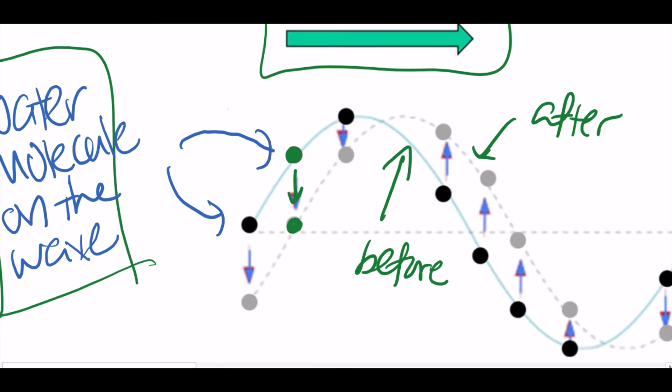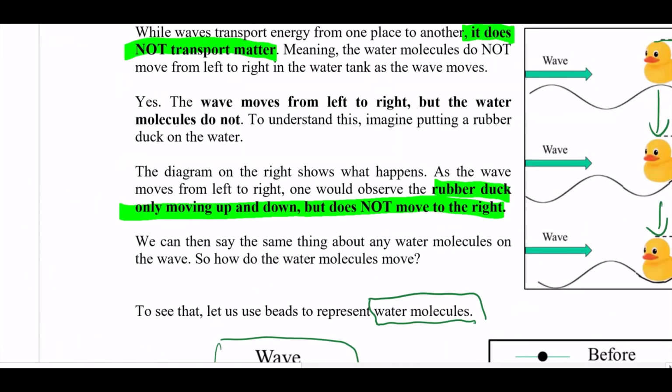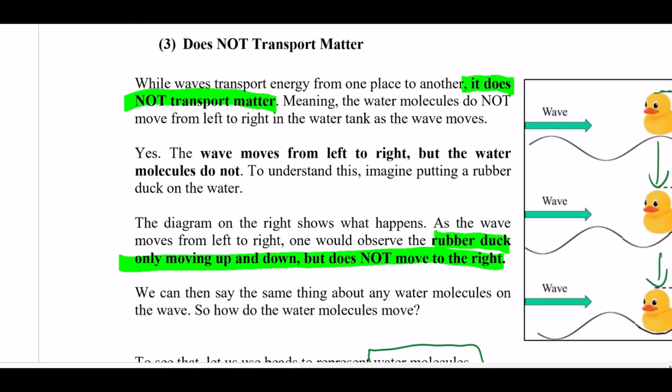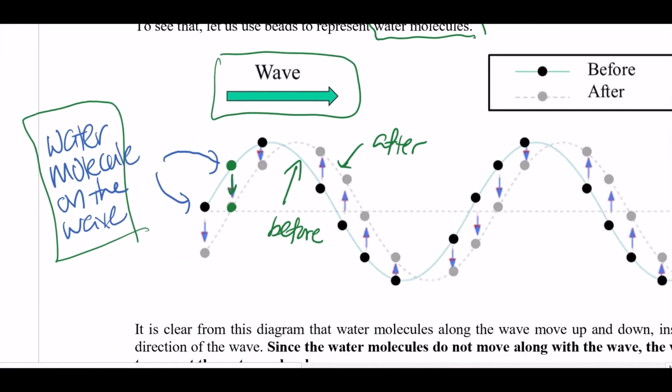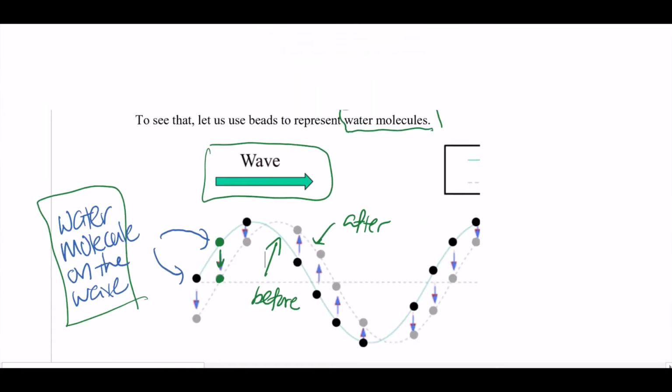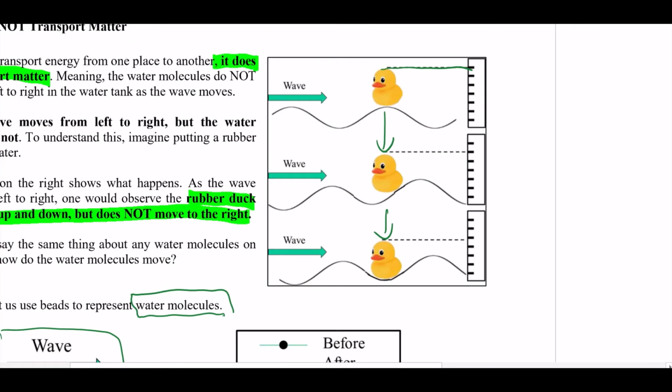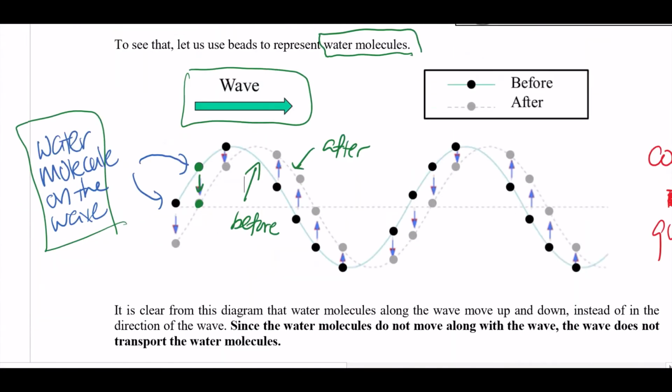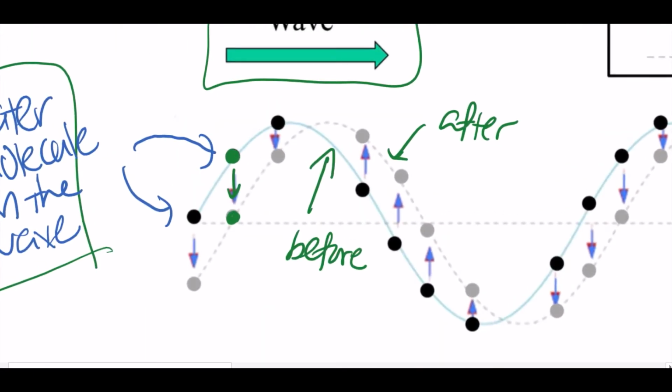Recall that a wave does not transport matter. That means any water molecule on the water wave will only move up and down, just like the rubber ducky. I hope this is clear. Not just any object placed on the wave, but the water molecules that make up the water wave will only move up and down.